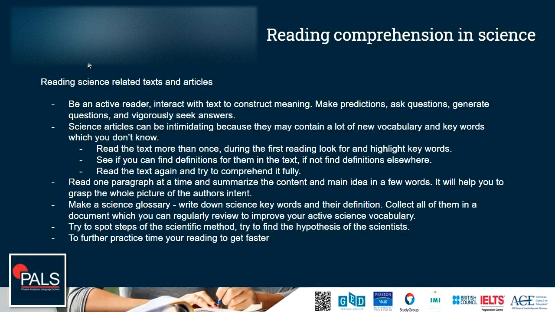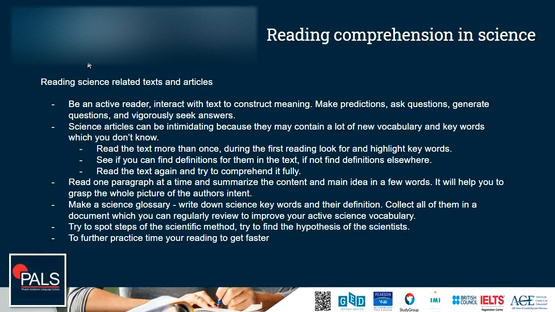So look for the definitions in the text. Maybe write them down at another point and write that definition down. So if you come back and you're not sure, or if the same vocabulary, the same keyword is mentioned later again and not explained one more time, you have your definition on the side ready to check and look up again.